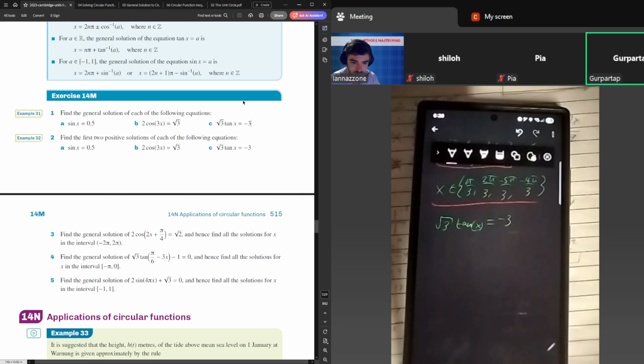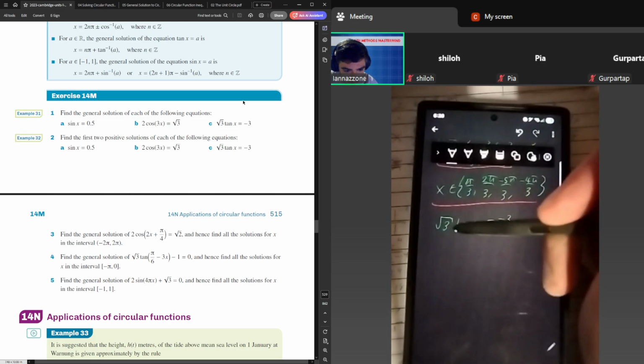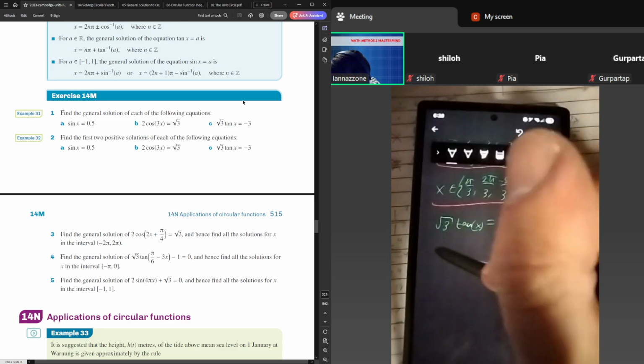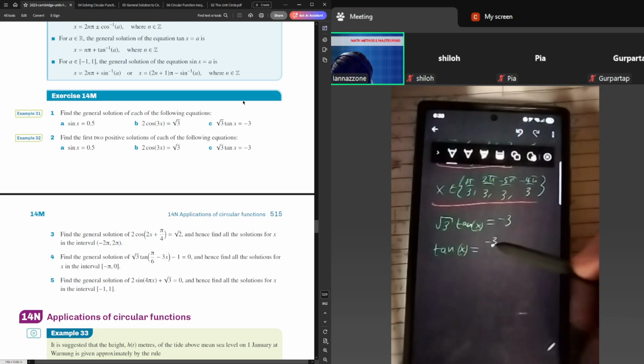We have to find all angles which equal negative 3 on root 3. Yeah, that would be correct. So the first implied step in there is divide everything by root 3, and the reason why is because you want to get the circular function on its own, and an exact value on the other side.